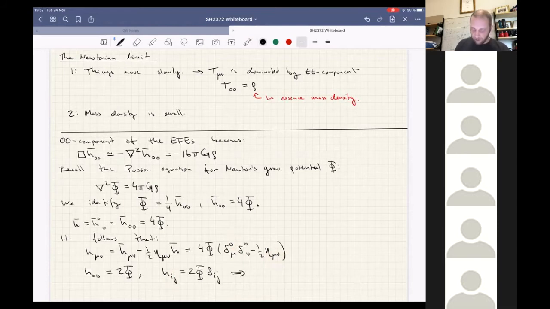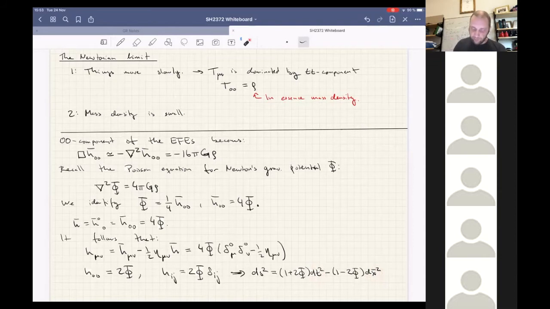So our metric, or line element in this case, is going to be given by 1 plus 2 phi dt squared minus 1 minus 2 phi dx squared, where these t and x are the standard Minkowski coordinates.